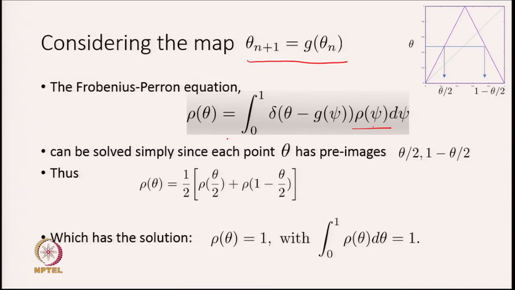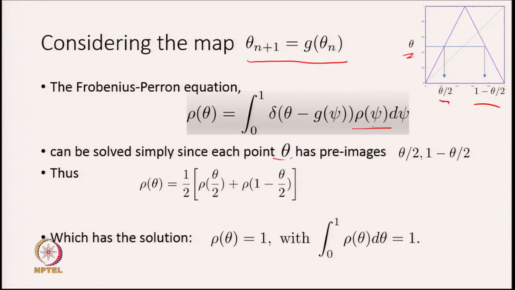And you notice that any point theta has contributions from only 2 points in the pre-image. So, only 2 points from this equation map to a given theta, theta by 2 and 1 minus theta by 2.